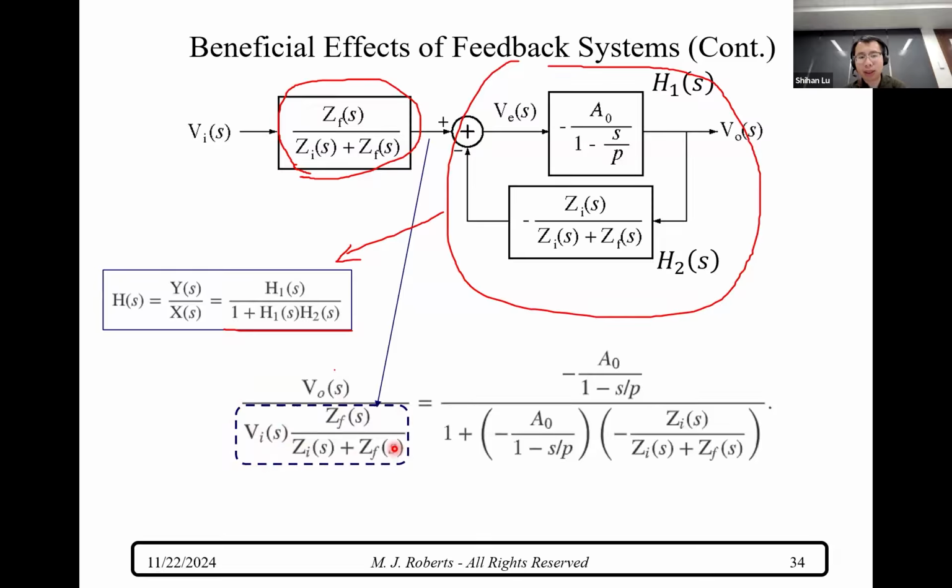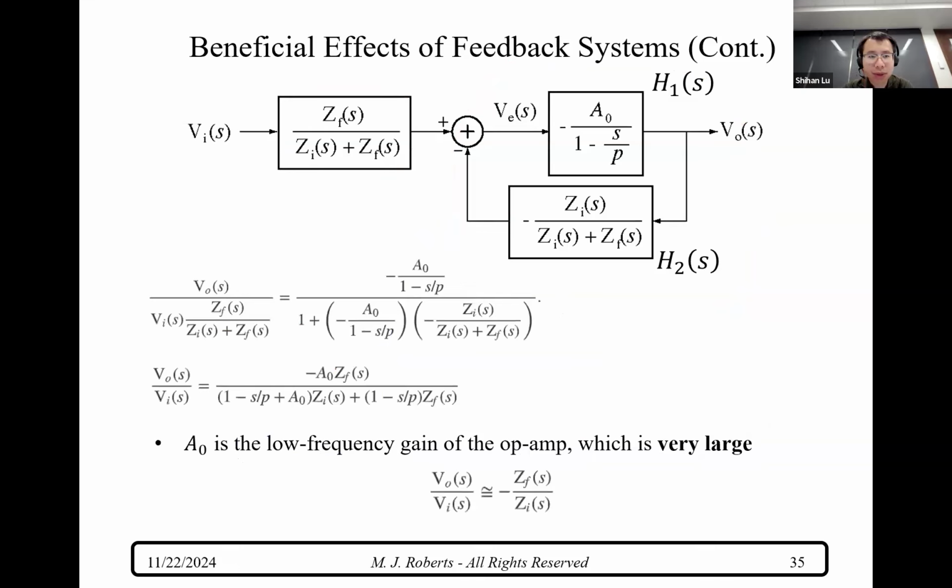But overall, if we move this term to the right side, we can get the rational form of the transfer function, which is VO(s) over VI(s). Just right here, you simply move the cascaded term to the right side of the equation and cancel some terms. You will get this form.